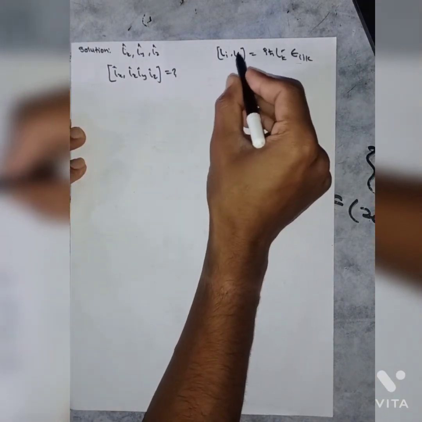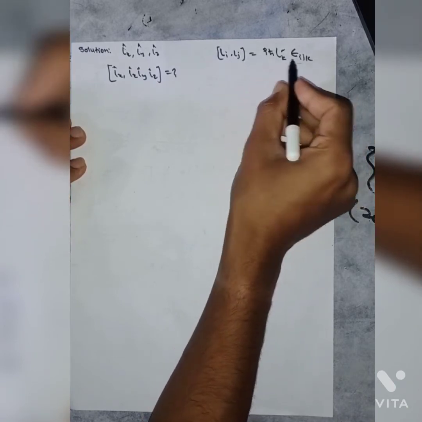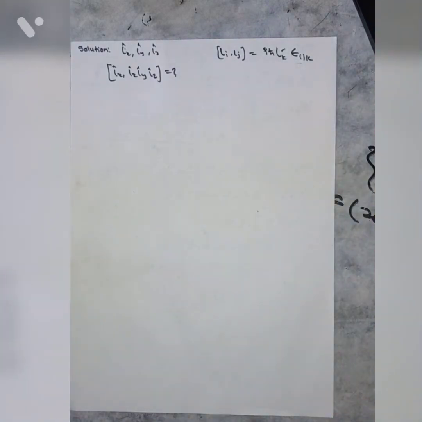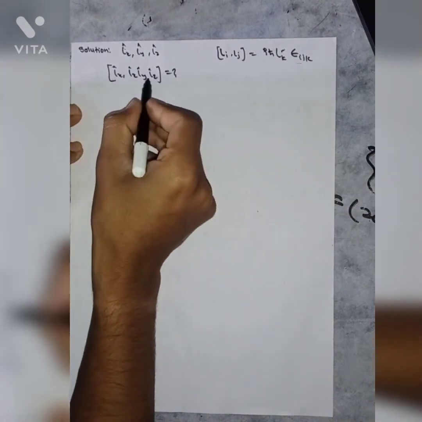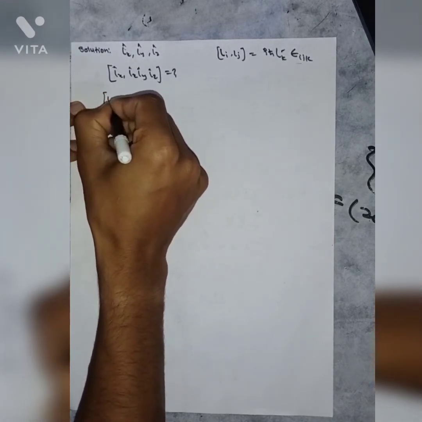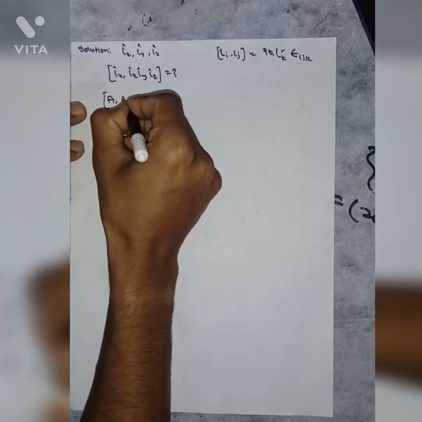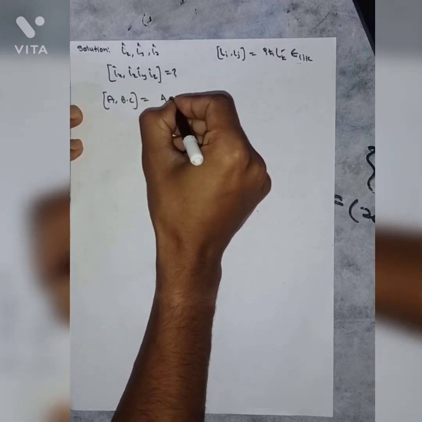Well, if it is counterclockwise, then we will get the negative sign. If it's clockwise, then it's okay, i j k. Okay. Now next thing is we have to solve this one.